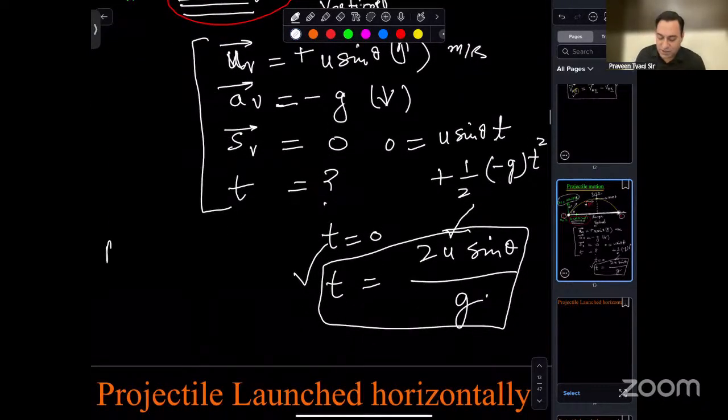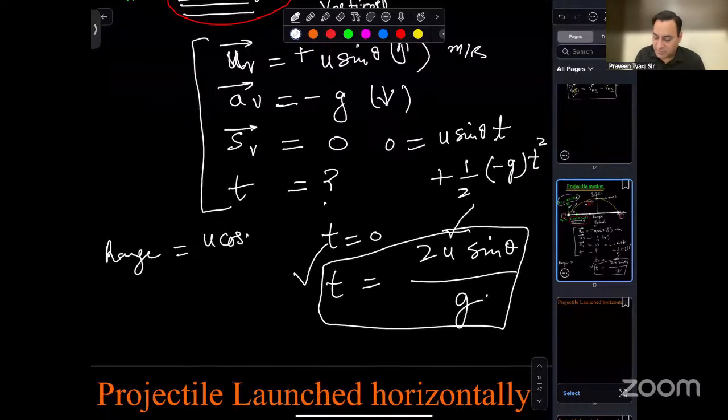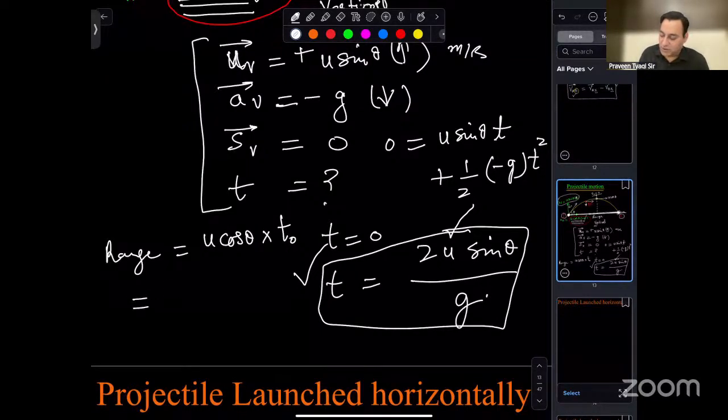So the range will be equal to u cos theta into the time of flight. This will give you the range. And if you solve it, the range will come out to be u square, 2 sine theta cos theta, which can be written as sine 2 theta, upon g.